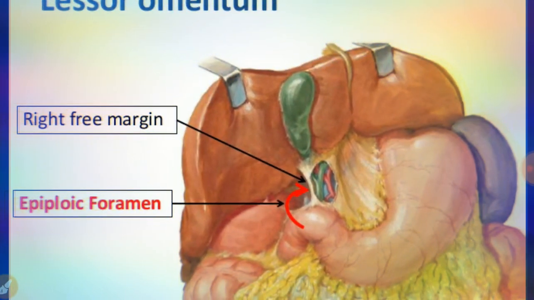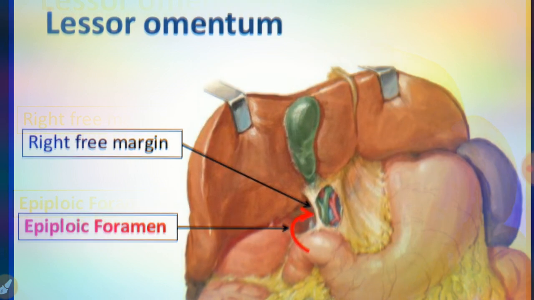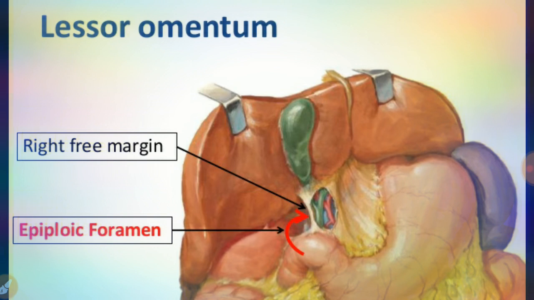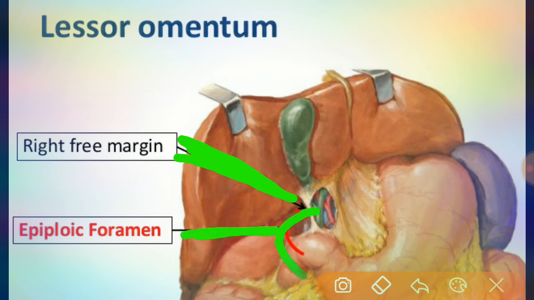There is an epiploic foramen present at the lesser omentum, and the right free margin is also present. So this is the right free margin, and the second one is the epiploic foramen.